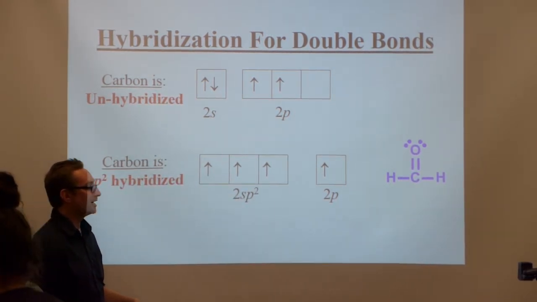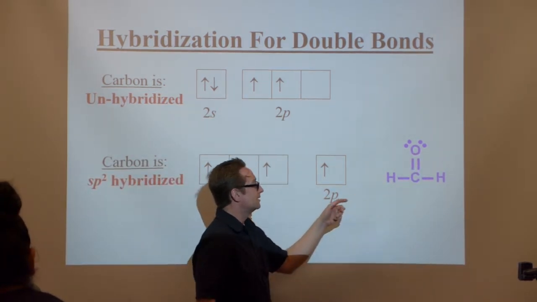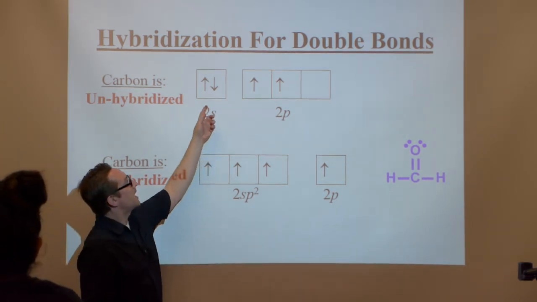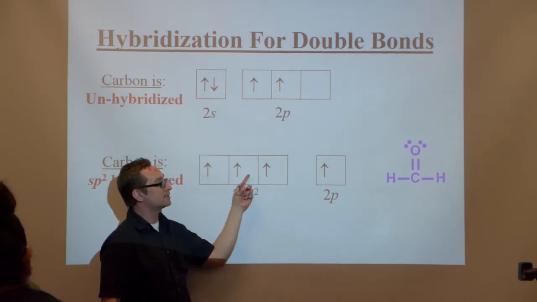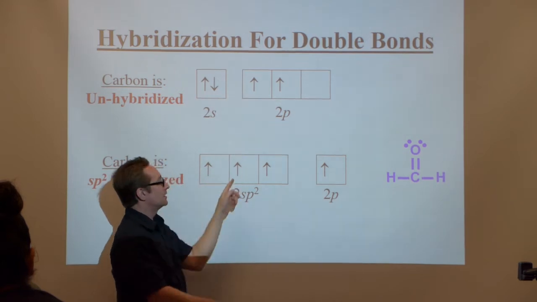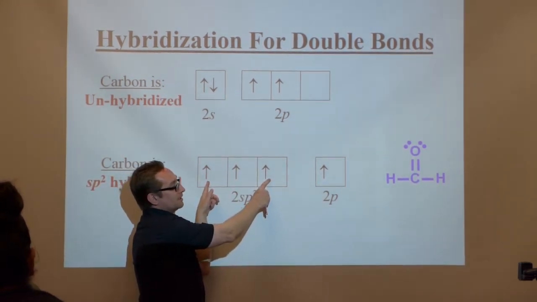Well, to do that, if we're going to make 3 bonded atoms and hence make 3 sigma bonds, we have to hybridize 3 out of these 4 electrons to make these 3 bonds. So I'm grabbing 3 out of this bunch and making 3 hybridized orbitals with those.